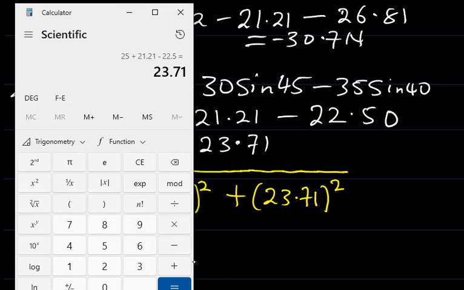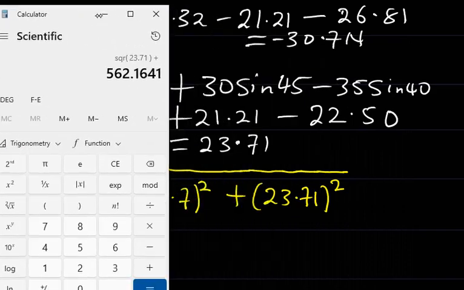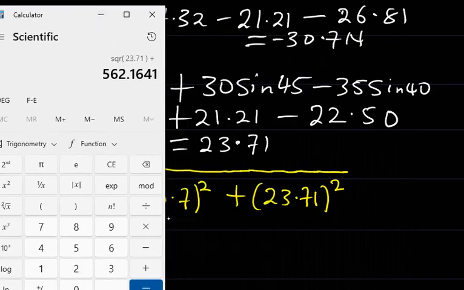Let's square this first. Of course, if you square a minus it will be positive, so all I need to do is just square it. 30.7 squared is 942, and 23.71 squared is 562.